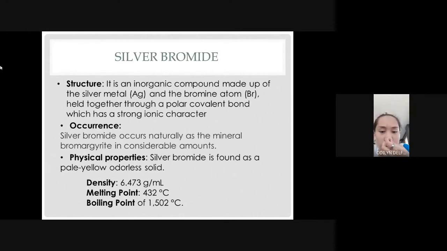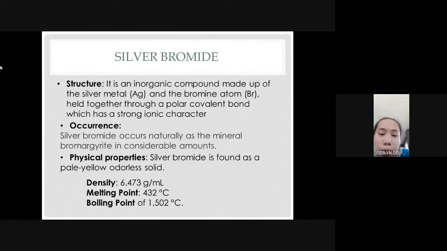Occurrence: silver bromide occurs naturally as the mineral bromargyrite in considerable amounts, similar to chlorargyrite for the chloride substance. So where there is bromide, specifically this silver bromide chemical comes from it.